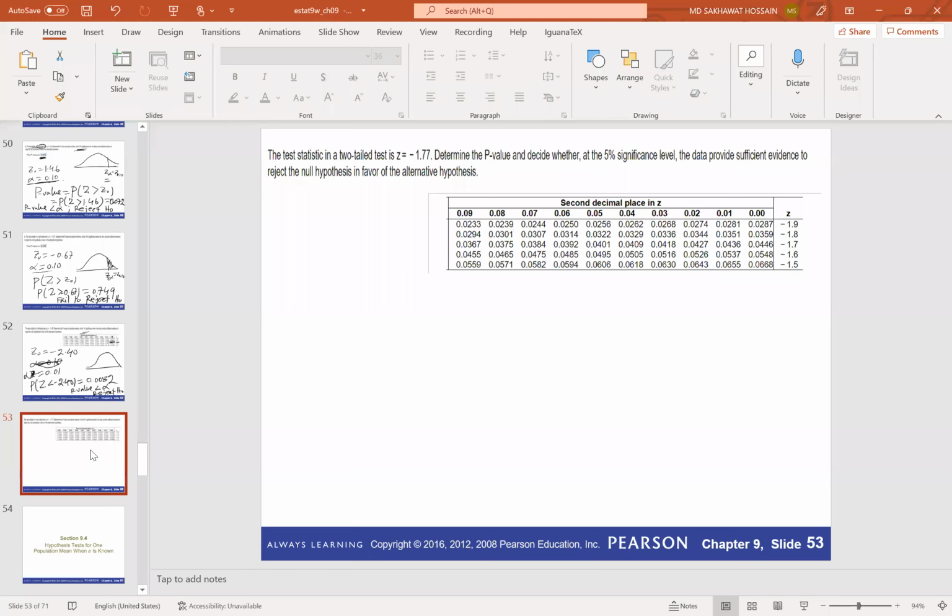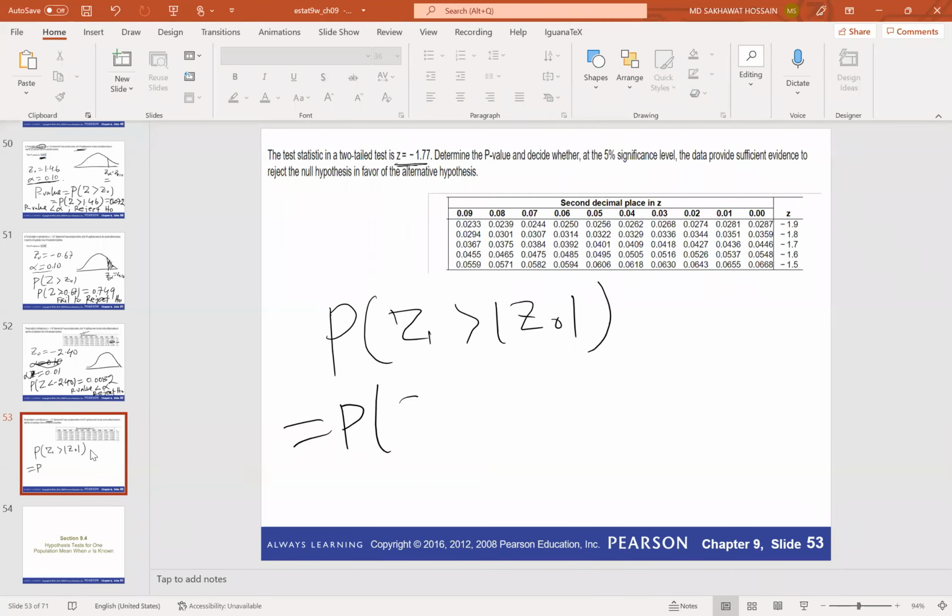Okay, so we have the test statistic in a two-sided test, which is Z equals negative 1.77. So we have to find the p-value. For a two-tailed test, the p-value is the probability of Z greater than the absolute value of Z observed, times 2.